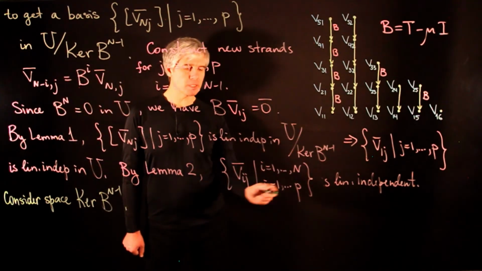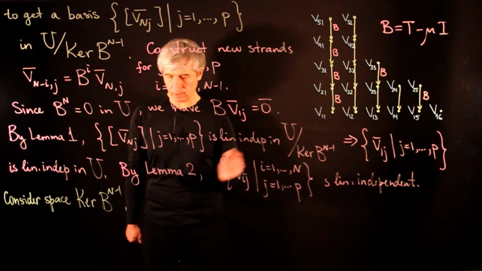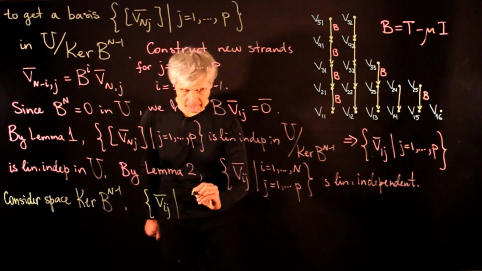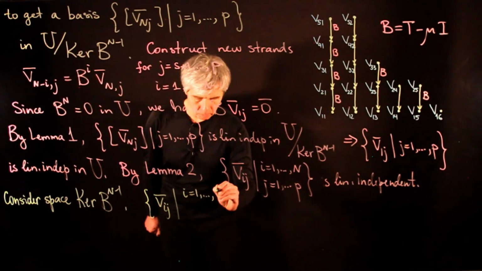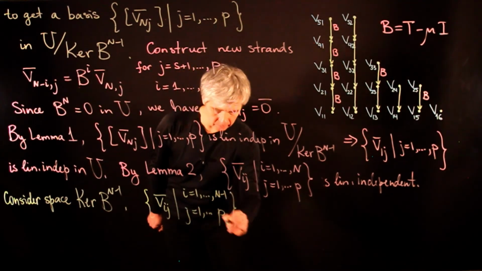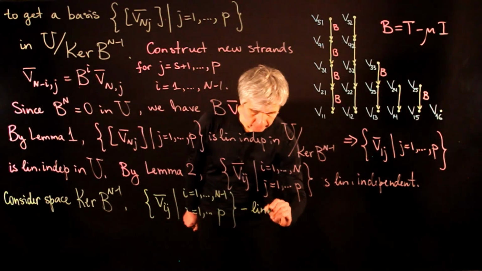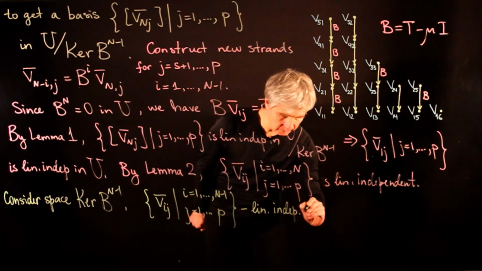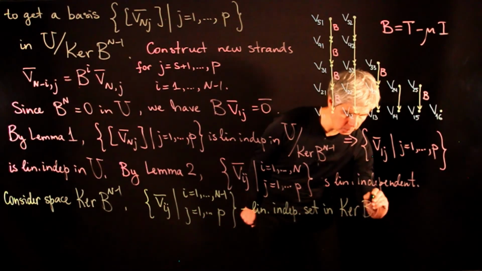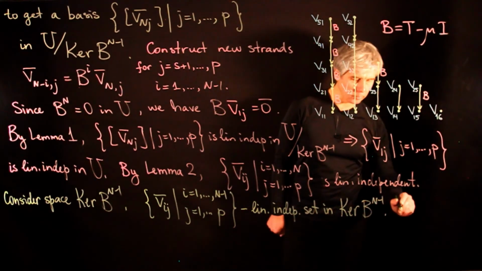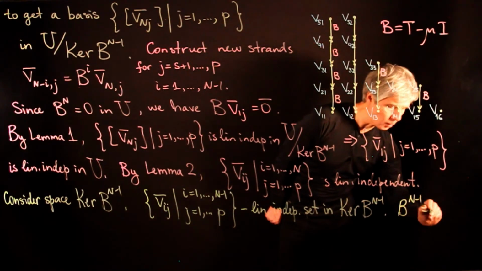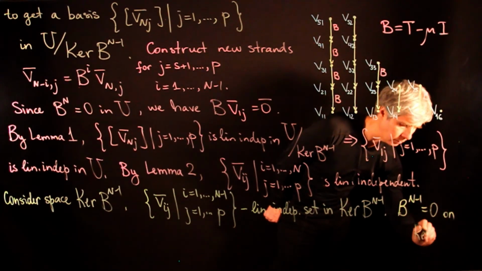If we take vectors in the strands that do not belong to the top level, so the set v_ij, where i goes from 1 to n minus 1 and j goes from 1 to p, this will be a linearly independent set in the kernel of B to the n minus 1. And of course, tautologically, the operator B to the n minus 1 is a 0 operator on the kernel of itself.